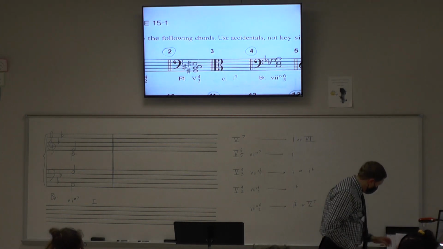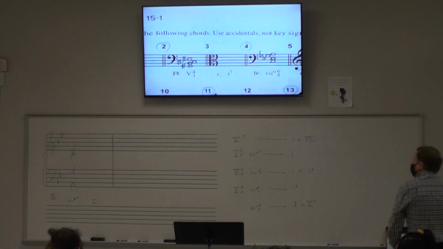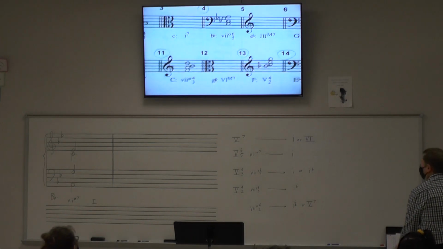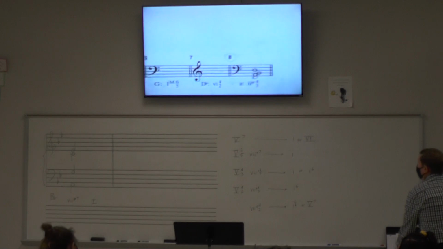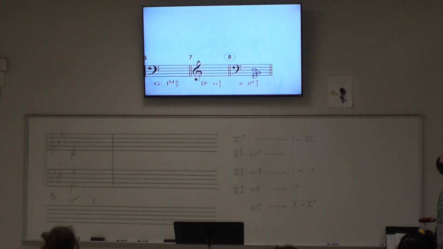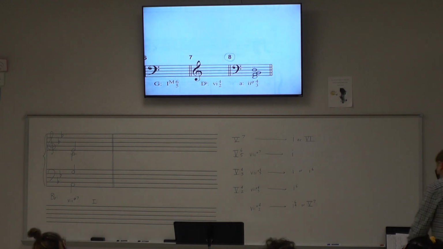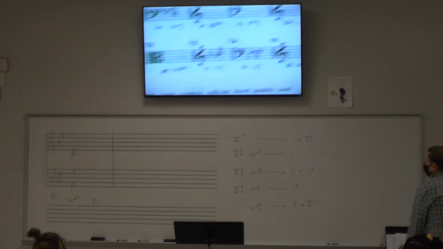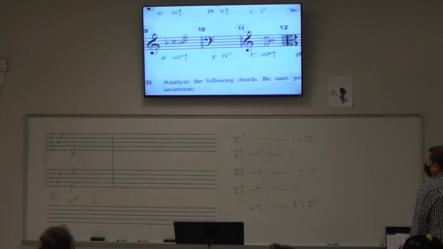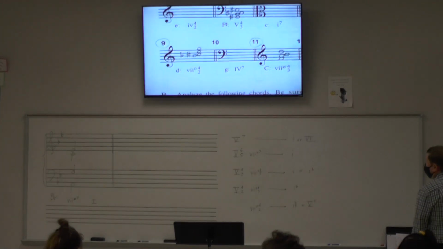8, 9, 11, 13. So let's take a look at number 8. That one you did not need any accidentals for, apparently. B, D, F, A, with F on the bottom. That makes it a half diminished 7th. Number 9 and 11.